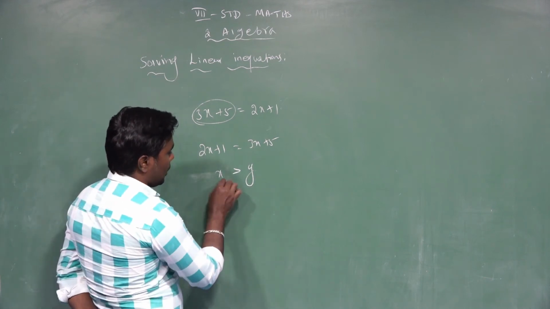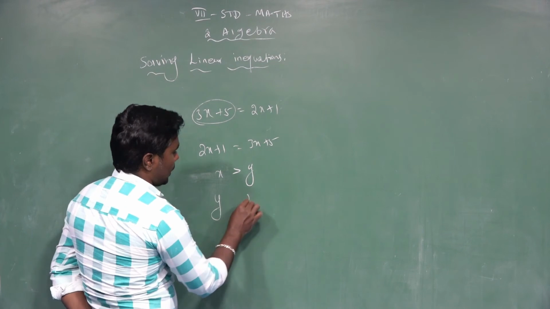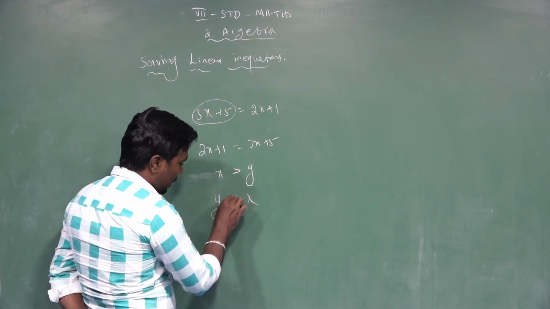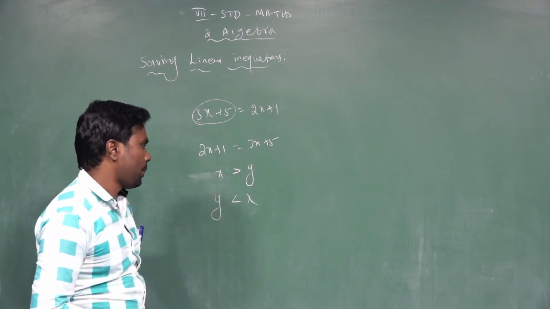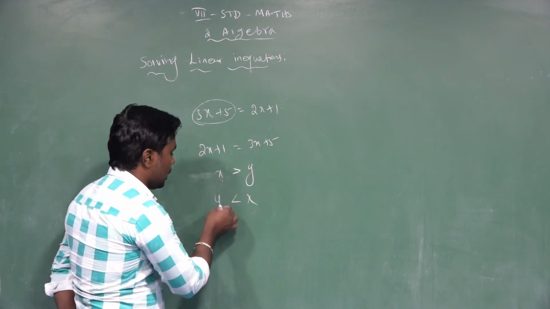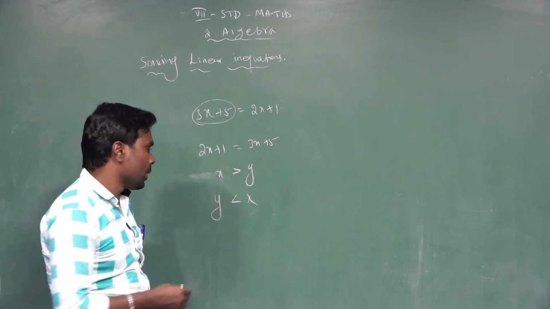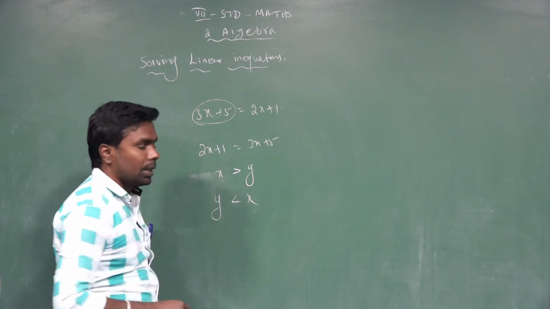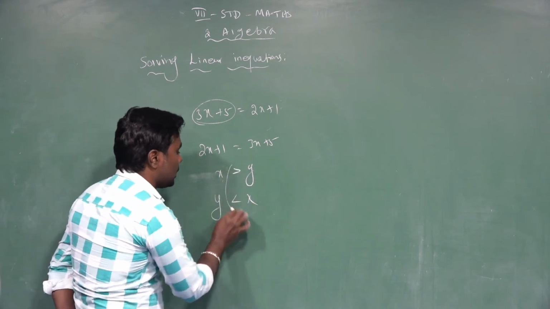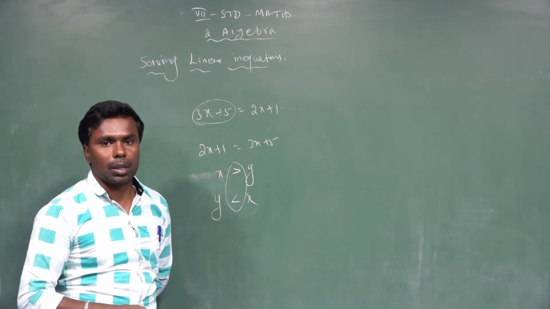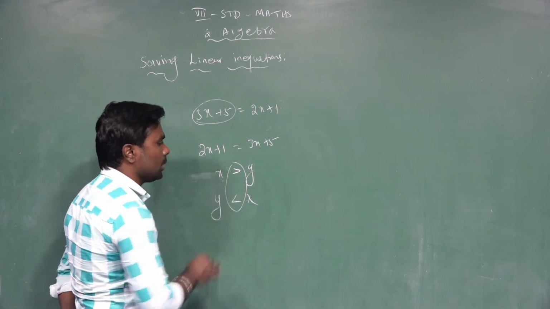For example, y and x. So we can write y less than x. So when we interchange the left hand side and right hand side, the symbol must be reversed. It's very important. The symbol must be reversed.